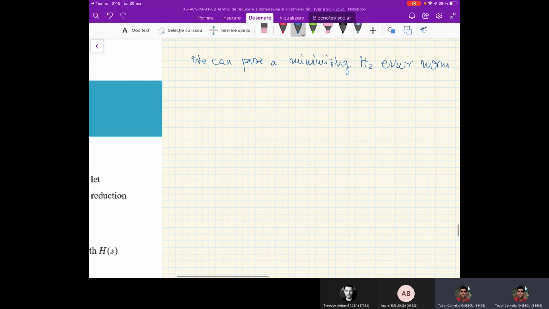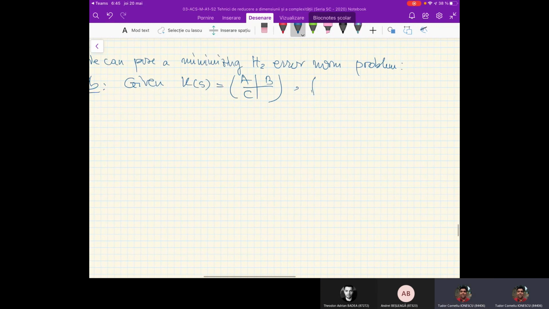What is this problem? Given K(s) as A, B, C, find K hat(s) given as A hat, or I would say F, G, H because I like this notation more.